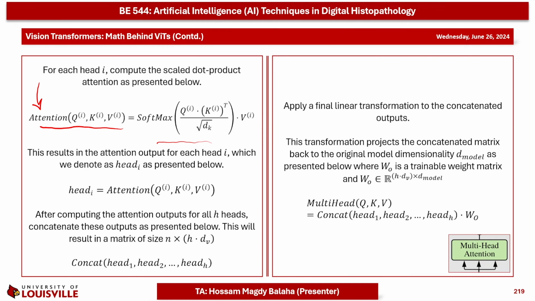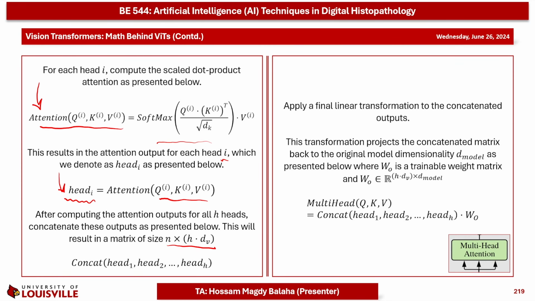This results in the attention output for each head i, represented by head i equals attention of Q, K, and V. Now you have h heads, so you concatenate all of them together, and this results in a matrix of size N multiplied by h times dv, where dv is the dimensionality of the values.